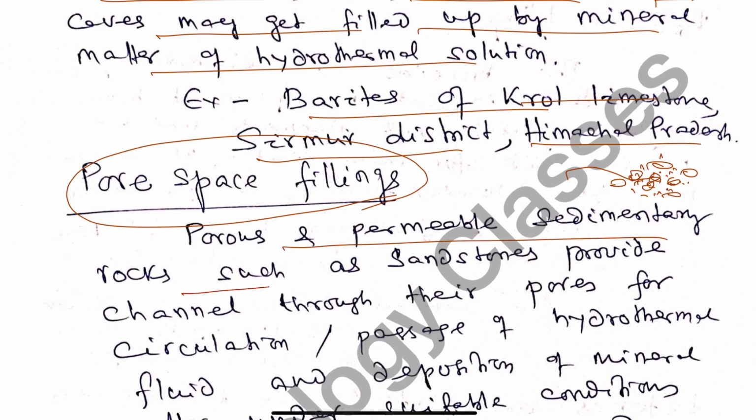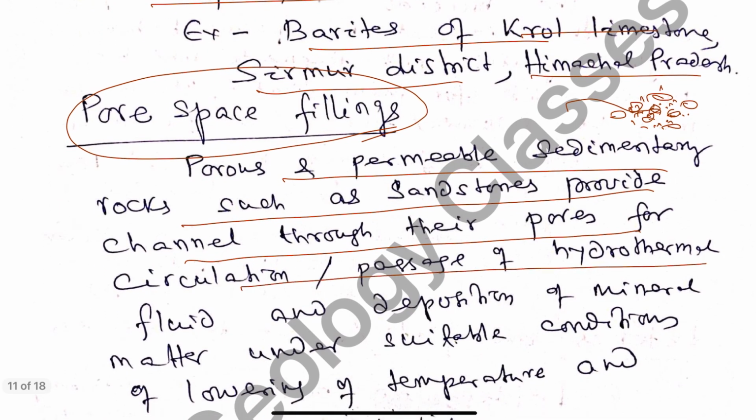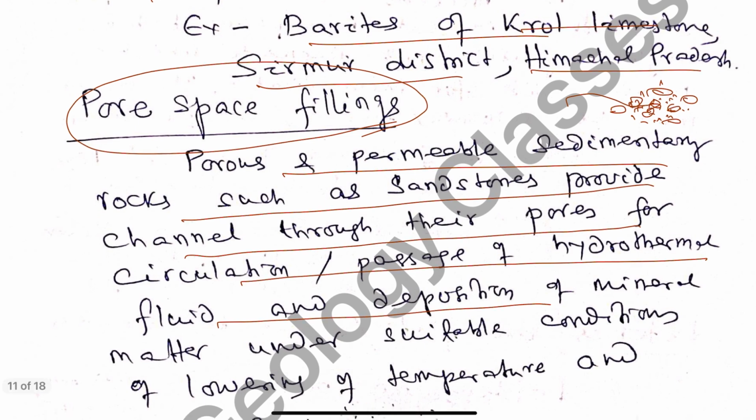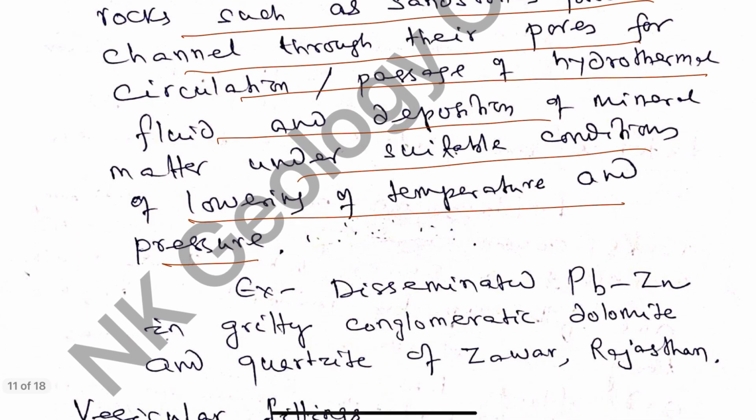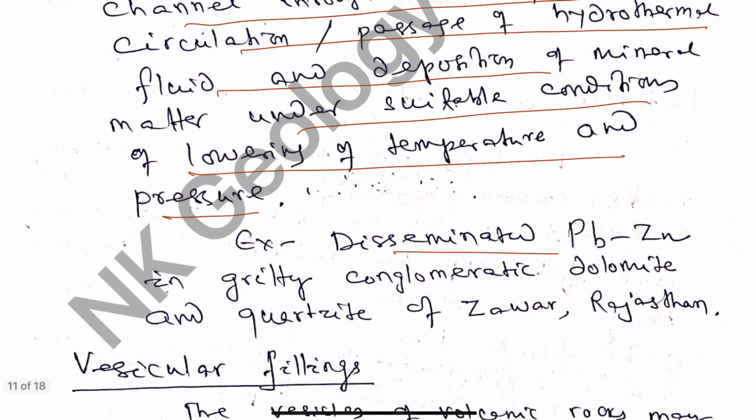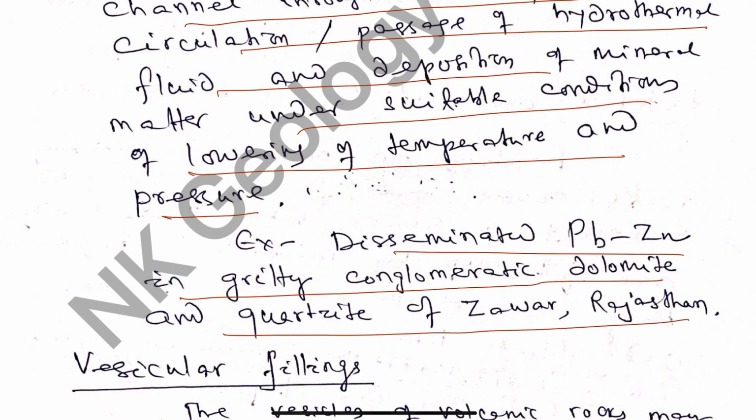Porous and permeable sedimentary rocks such as sandstones provide channels through their pores for the circulation of hydrothermal fluid and deposition of mineral matter under suitable conditions of lowering of temperature and pressure. Example, disseminated lead and zinc in gritty conglomeratic sand, dolomites and quartzites of Jawar, Rajasthan.